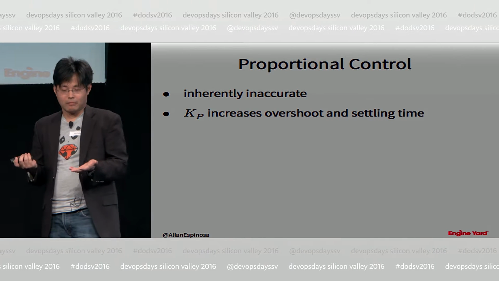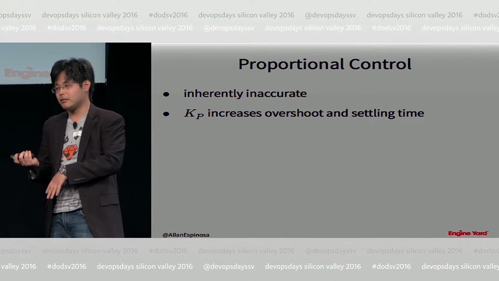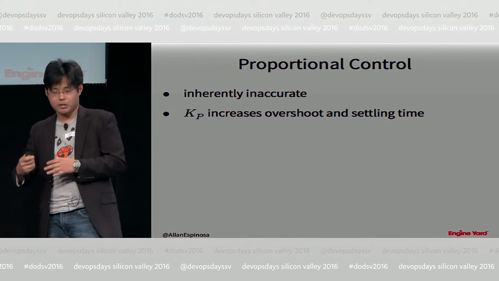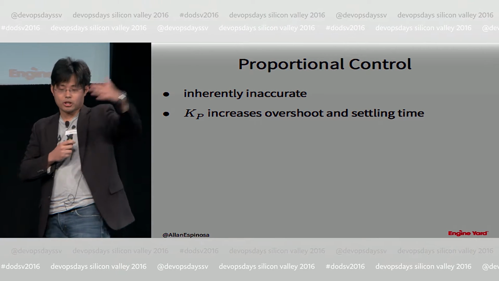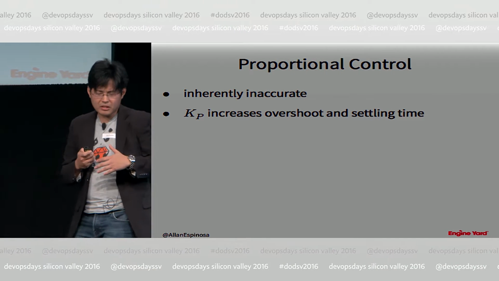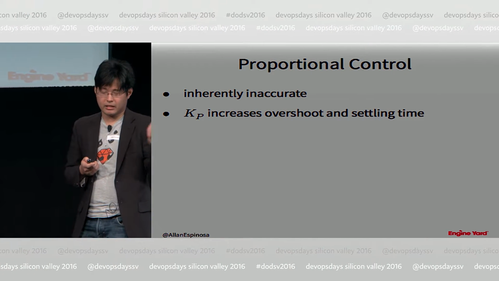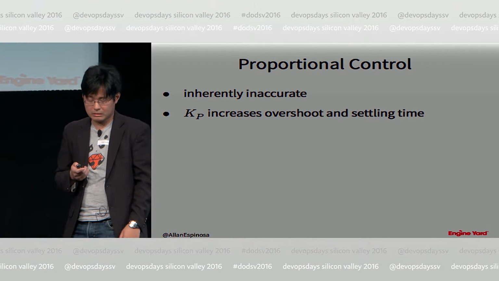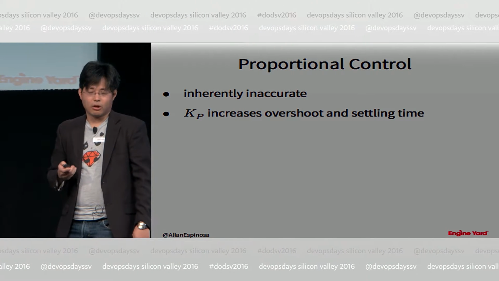Some math properties are inaccurate, but they get the job done 80% of the time. Increasing the proportional ratio gives you a higher overshoot, and the settling time is longer as well.